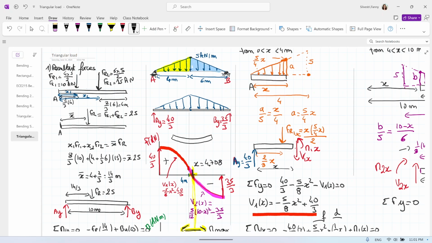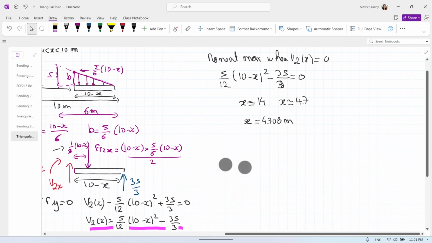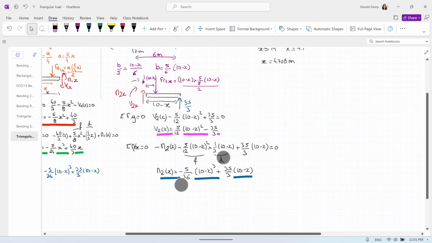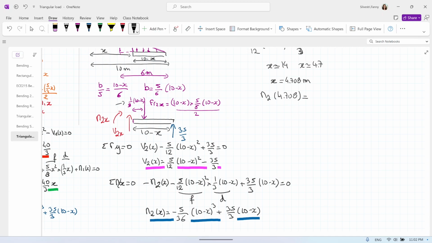Okay, and now I take my equation M2. There, my blue equation. So we have M2 of 4.708, and you replace 4.708 in your equation. So minus 5/36 times (10 minus 4.708) cubed plus 35/3 times (10 minus 4.708).